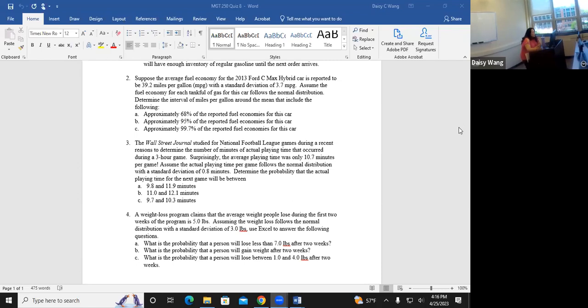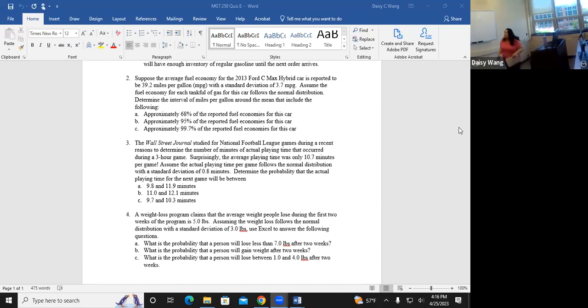Assuming the actual playing time follows the normal distribution and the standard deviation is 0.8 minutes, what's the probability that the play time will be between 9.8 minutes and 11.9?